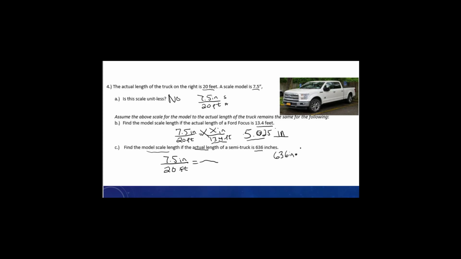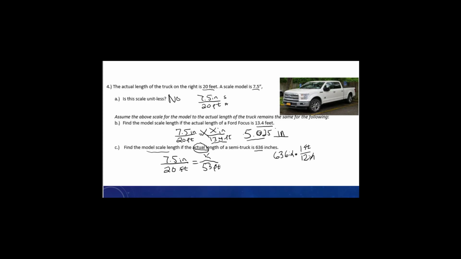And I'm using dimensional analysis here, right? The inches are going to go in the bottom because I want them to cancel. So it's just 636 divided by 12, and I'm getting 53 feet. And that's the actual length. That goes in the bottom.